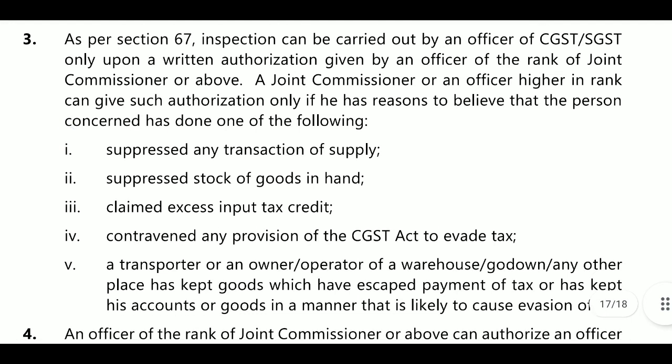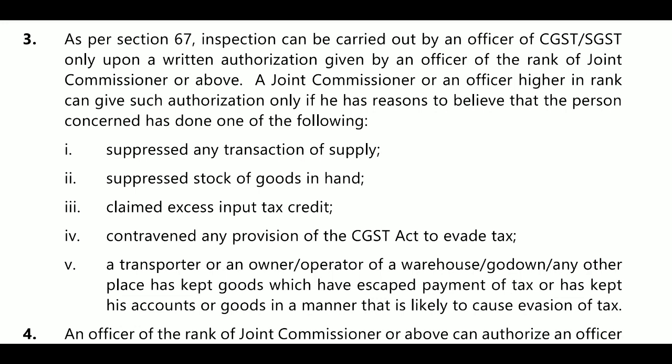For example, as per section 67, inspection can be carried out by any officer, CGST or SGST, only upon written authorization given by an officer of the rank of Joint Commissioner or above. So if any person wants to inspect the books of accounts of a registered person, he must have authorization from an officer of the rank of Joint Commissioner or above.